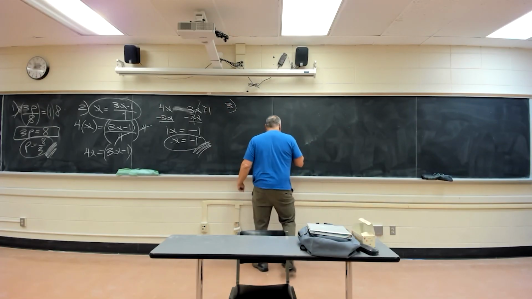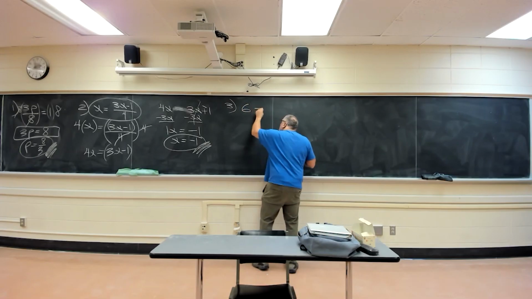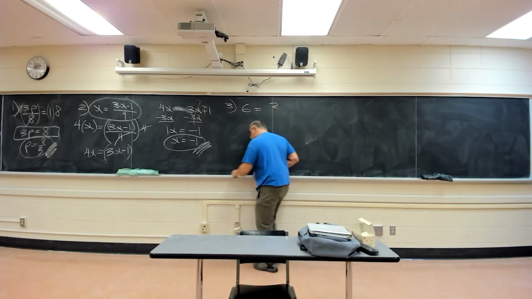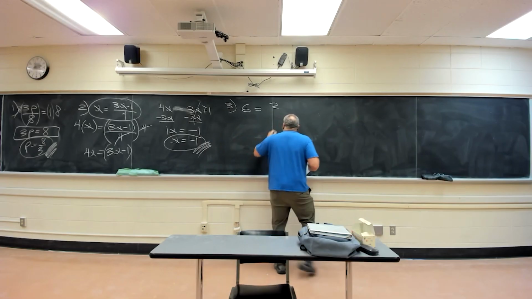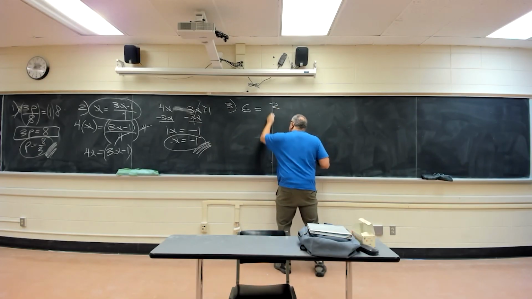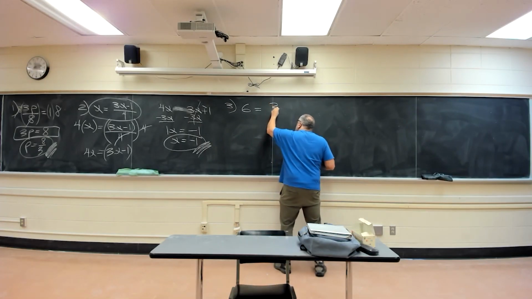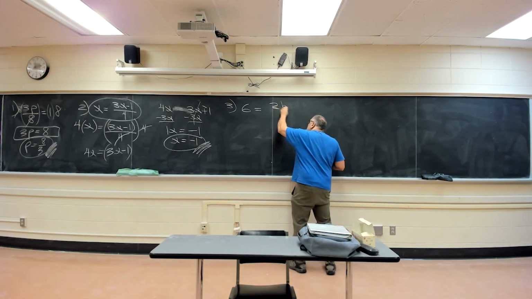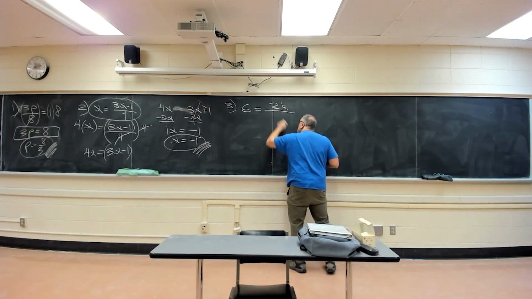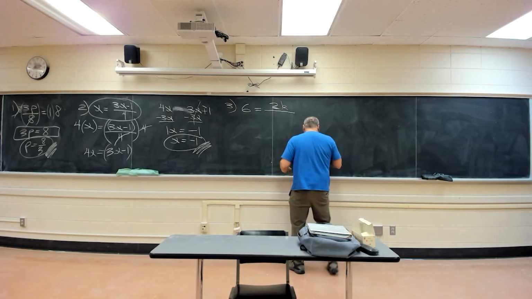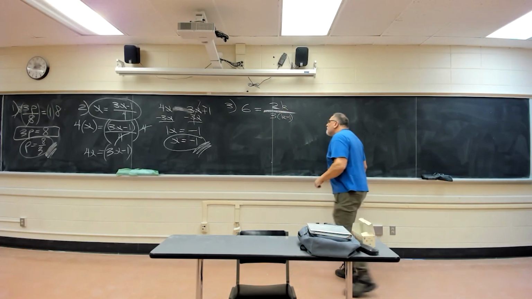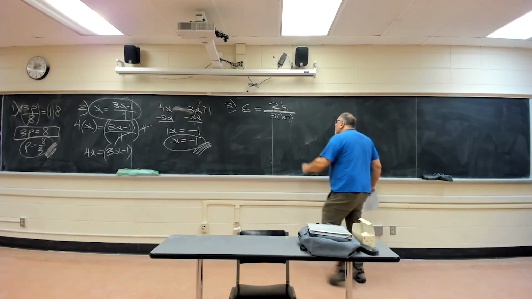3. It's a little more convoluted, but it shouldn't be too bad. 2k over the quantity. So we got this.